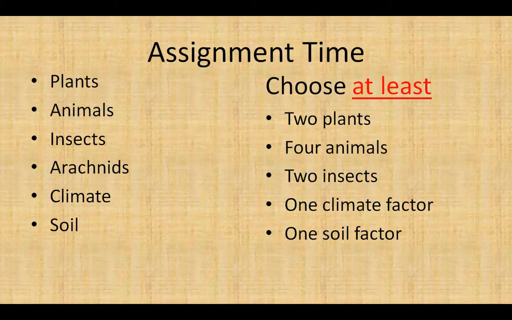The climate, you're going to explain how one factor about the climate contributes to an environment being what it is. And again, the same thing with the soil. How does the soil factor into what an environment is, and what it makes it a desert environment, for example. And you can submit this in writing. If you want to include pictures and do a PowerPoint, that's all up to you.